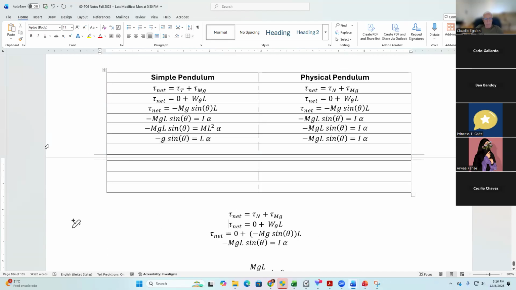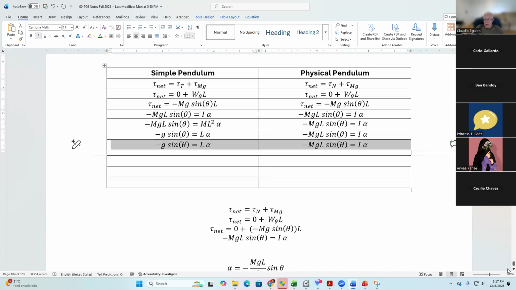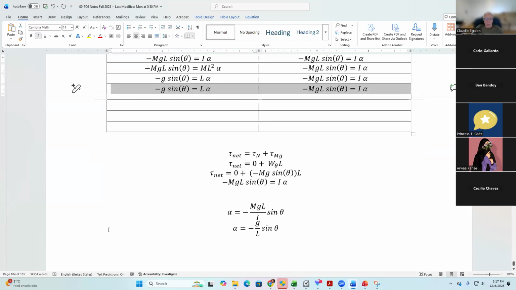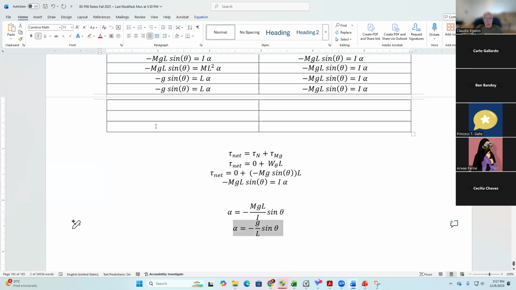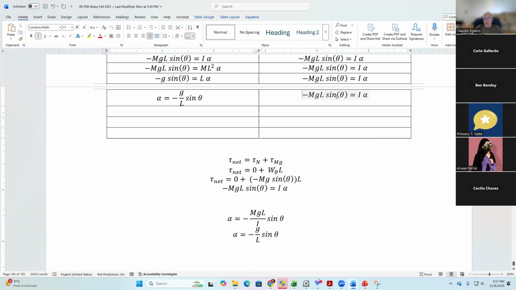Next, I'm going to isolate the angular acceleration alpha. And I'm going to do the same here.